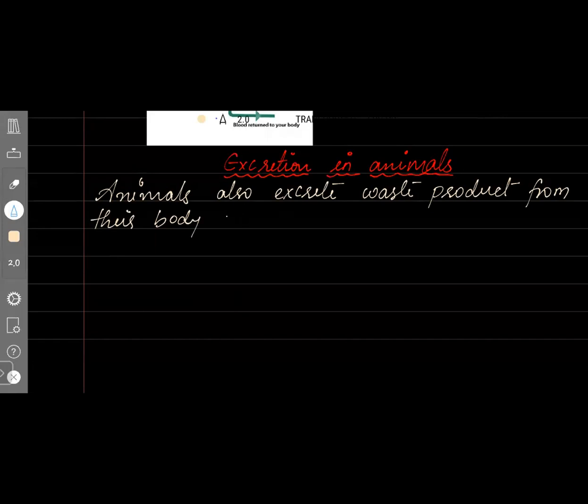In what way, or which waste material is removed from the body, depends upon the availability of water. For example, for terrestrial animals, water availability is less. So we drink water and put it in our body so that it is maintained. Whenever water is less, you feel thirsty and you drink water again. Now think about fish. Fish is an aquatic animal, and they live in the water itself, so there is a huge amount of water.